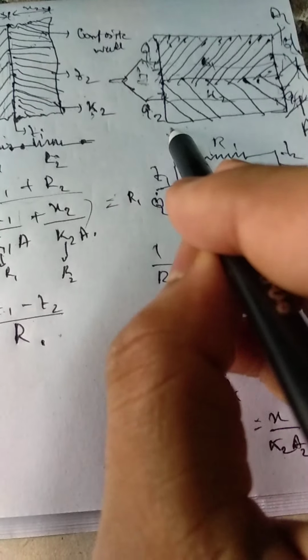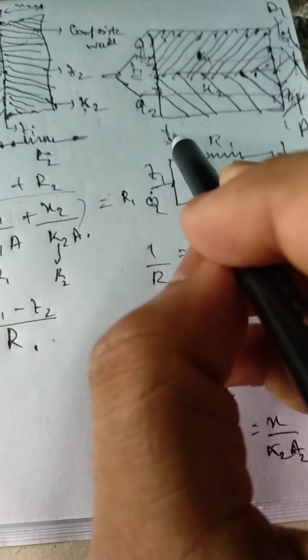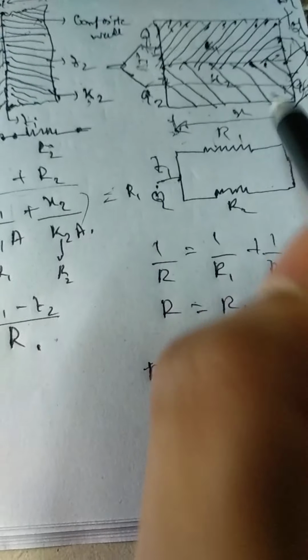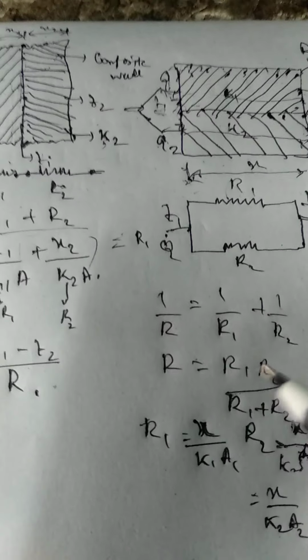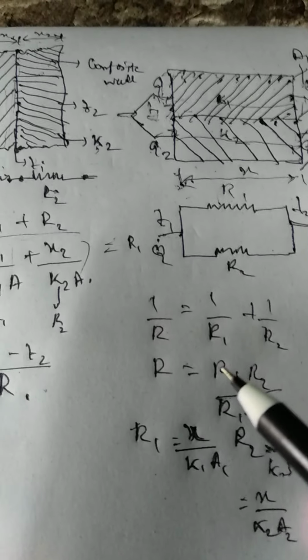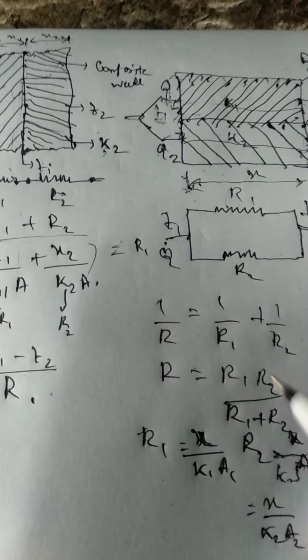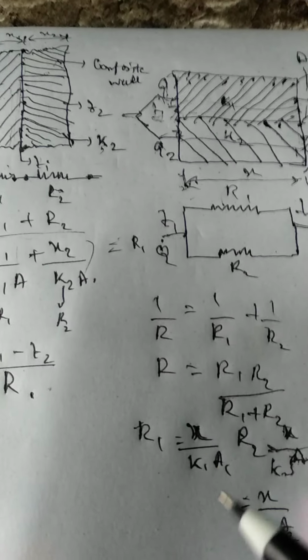This is the X, this distance is X. So by putting these two values of R1 and R2, you can find out the value of R. So it will be a complex number. Okay, so this will be complex.